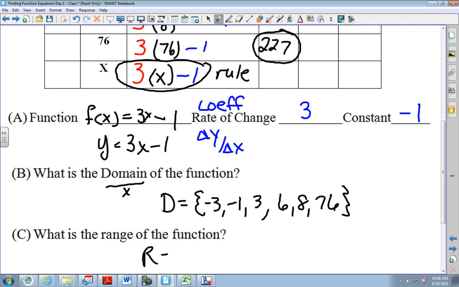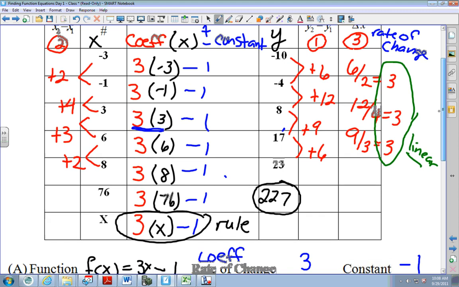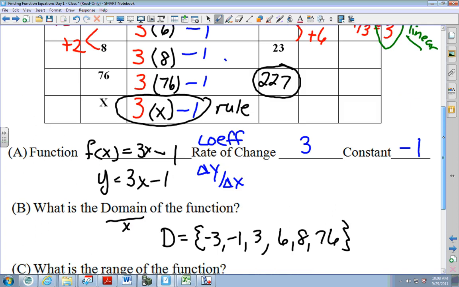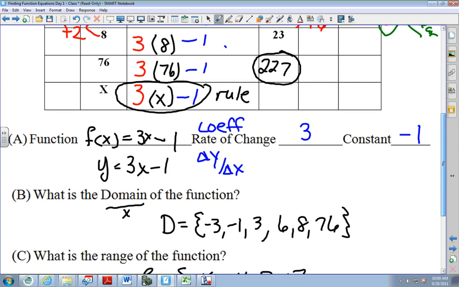My range is my y's. So if I go back up here and look, I have -10, -4, 8, 17, 23, and 227.